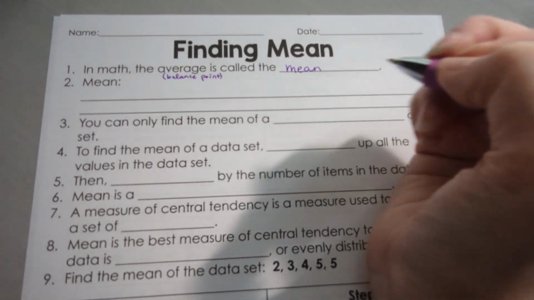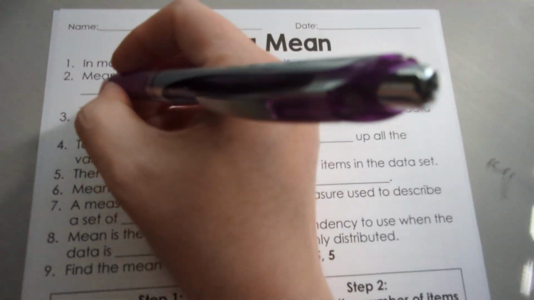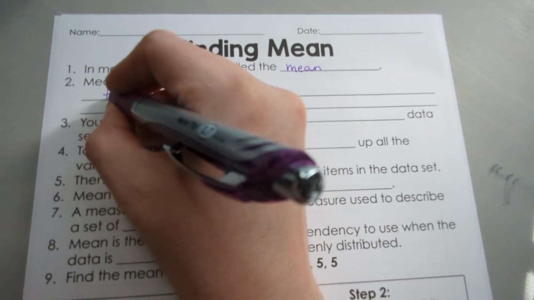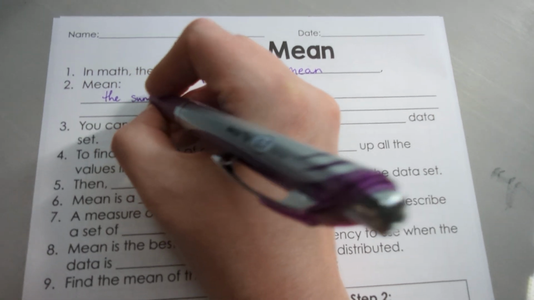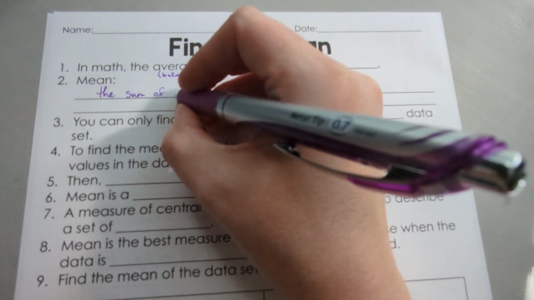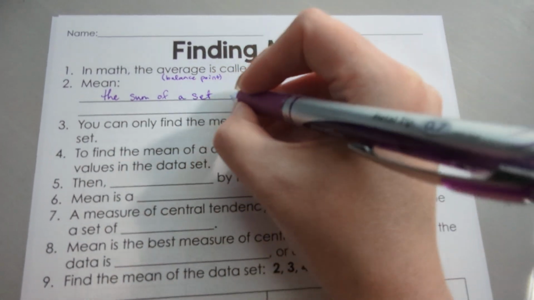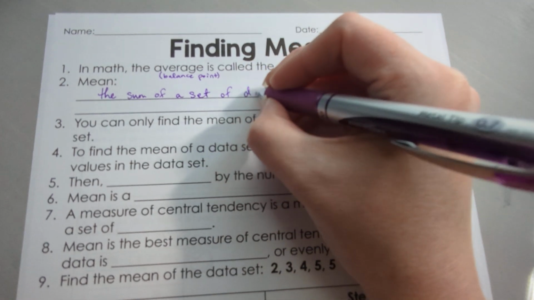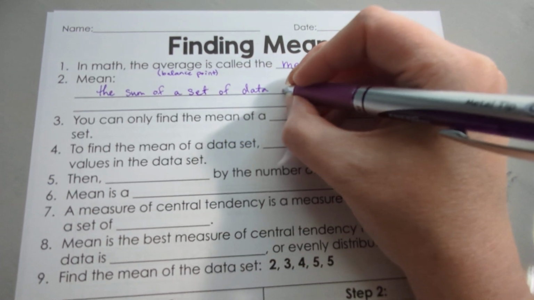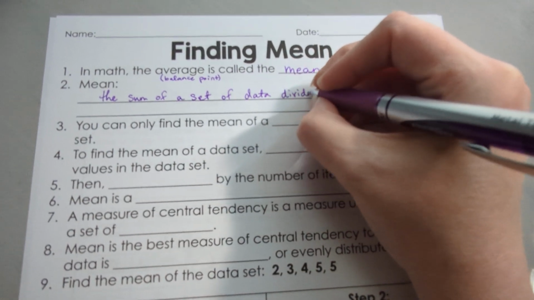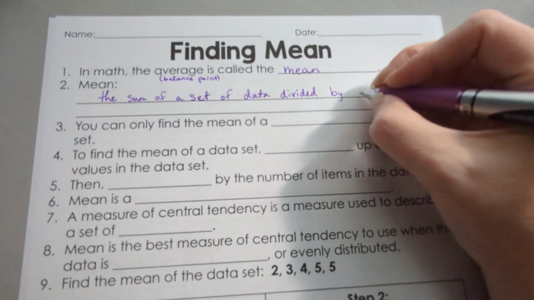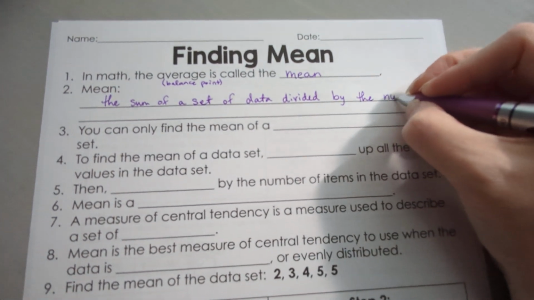So the actual definition of the mean, okay, is the sum of a set of data divided by the number of data points.